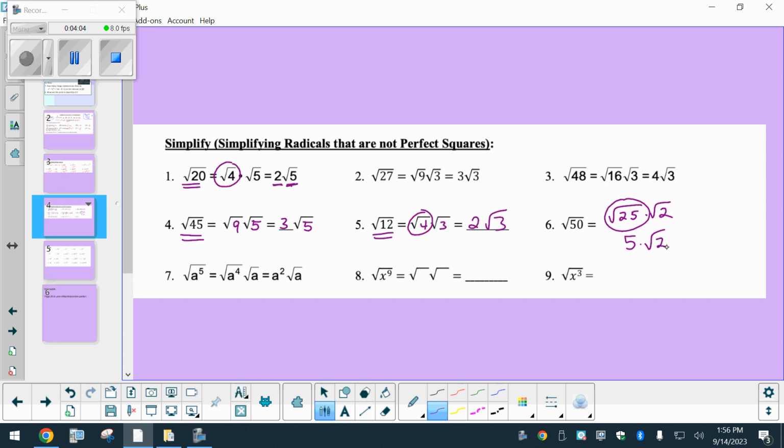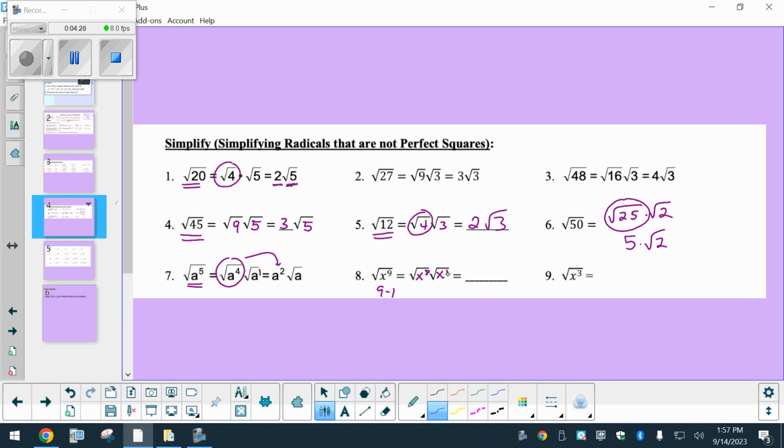Okay. When you're doing the letters, the easiest thing for the letters that are not perfect squares is to subtract 1. So I break it up. So I have a to the 4th and a to the 1st. And then the a to the 4th becomes a squared. And you're left over with one letter under the radical. So here I do 9 minus 1. So that would give me x to the 8th and then x to the 1st.